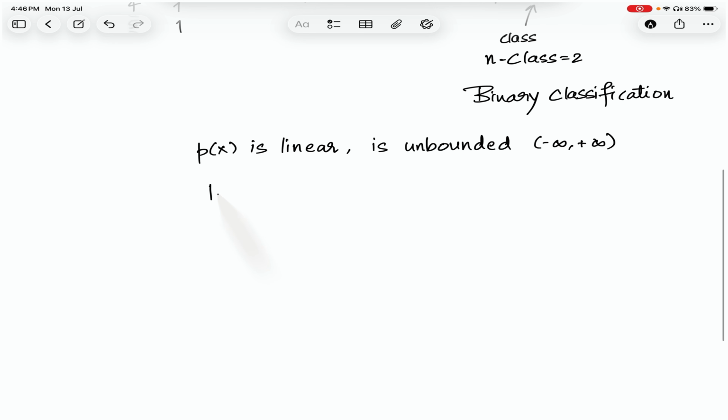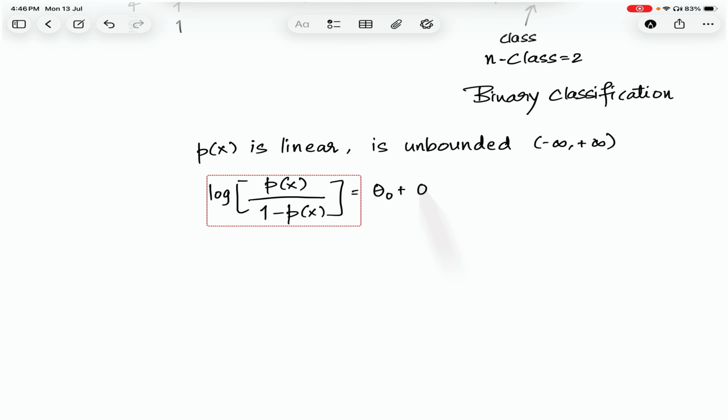And since p of x is linear, we'll take log of odds, which is p of x over 1 minus p of x, to be linear, and a linear function can be expressed as this.